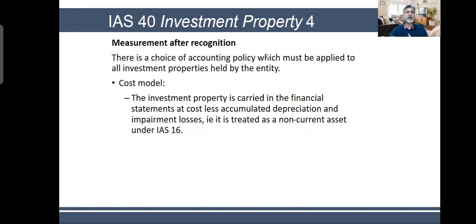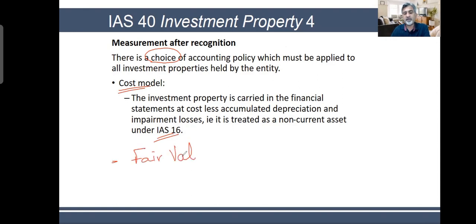Then you have subsequent measurement, which is called measurement after recognition, which means at the end of the reporting date. So now here it is a choice. You've got a choice in accounting policy. So either you do the cost model, which is under IAS 16, or the second option is that you use the fair value model.